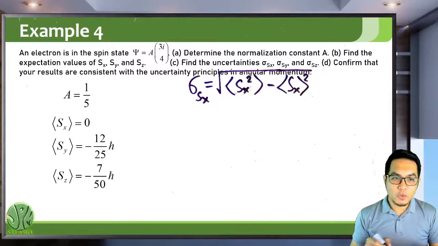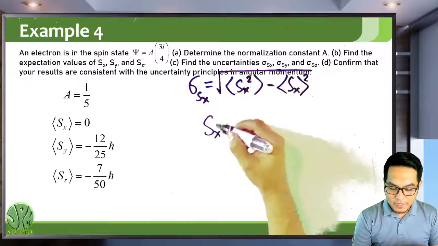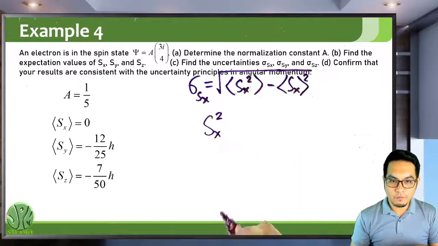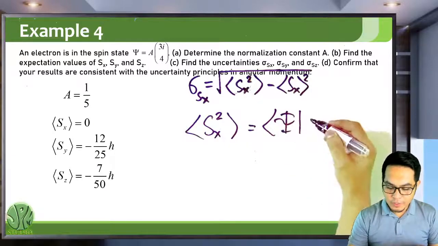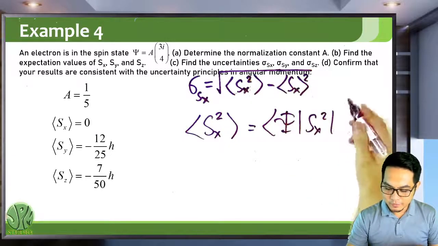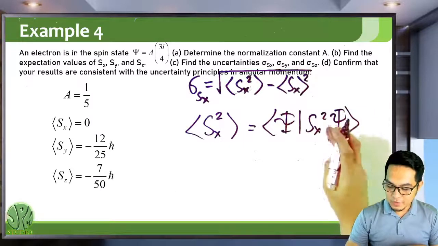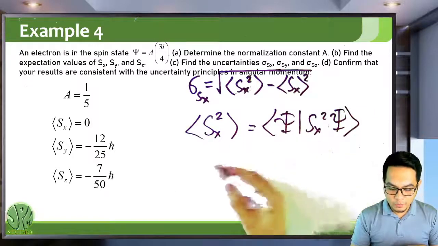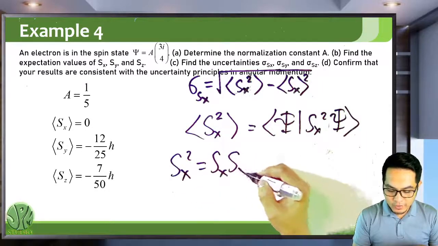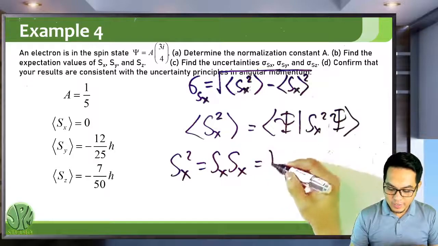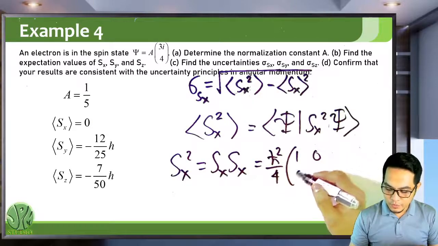So what you will do is just find the matrix form of Sx squared first, and then you sandwich it with your given spin states. The same process. But what is Sx squared? Basically, Sx squared is just Sx operated twice. So you will get h bar squared over 4 times the matrix (1, 0, 0, 1).